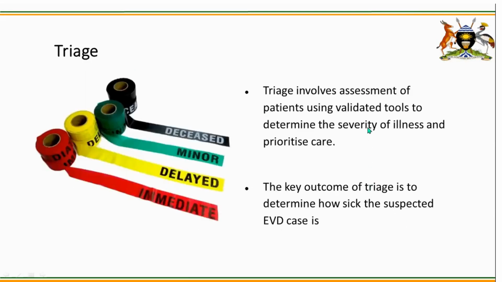Meanwhile, for triage, we are saying here that it involves assessment of the patient using validated tools to determine the severity of the illnesses. And we know from the EMS that there are different codes with different priority levels. And so we can prioritize these patients and then take appropriate action.